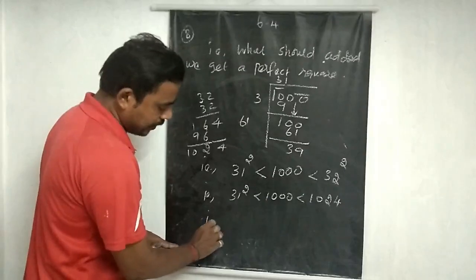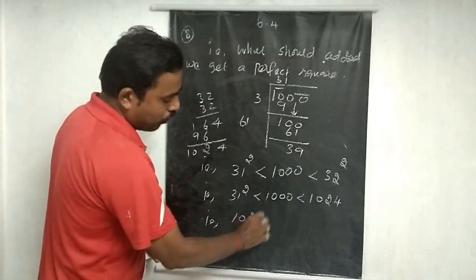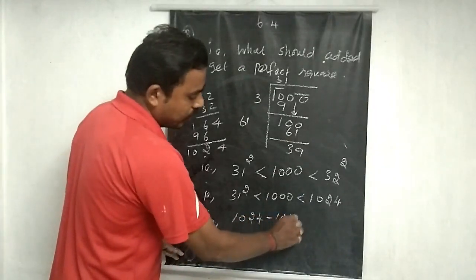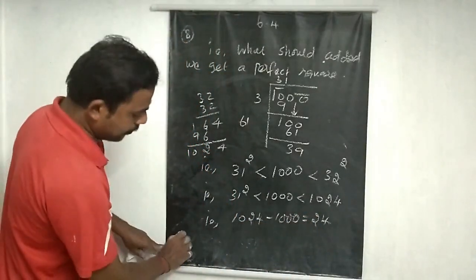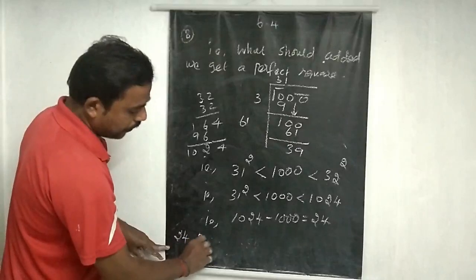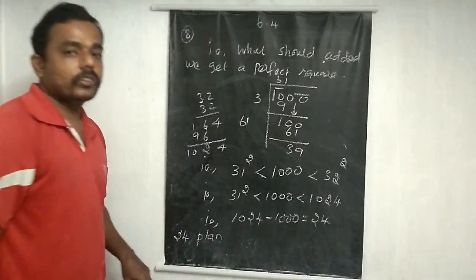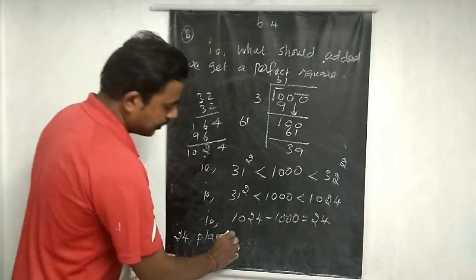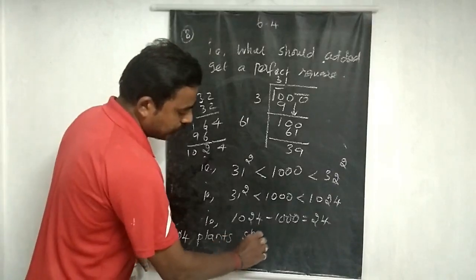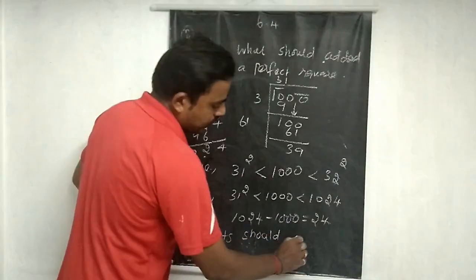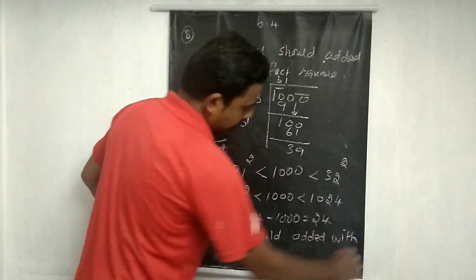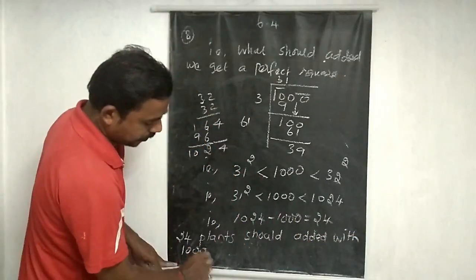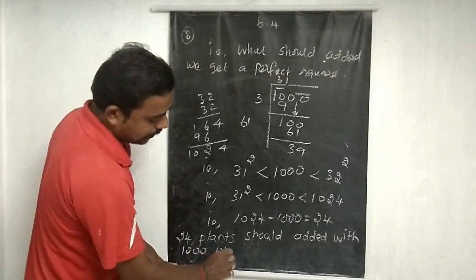So that is 1024 minus 1000 equal to 24. So 24 should be added, 24 plants should be added to the 1000 plants.